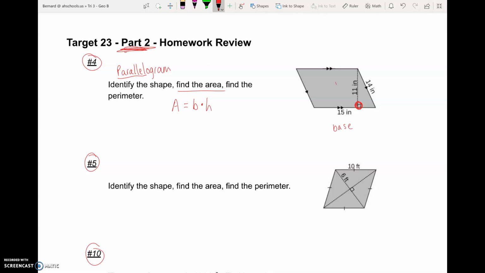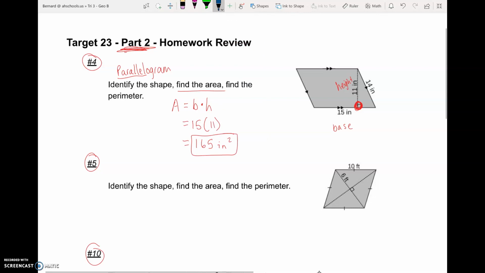But then our height has got to be 11, because that's the hidden line, not really a real line, drawn from the corner to that 90-degree angle down there. It's completely up and down, and so that's going to be our height. Again, area is base times height, so that is just 15 times 11, and our answer will then be 165 inches squared. Perfect.